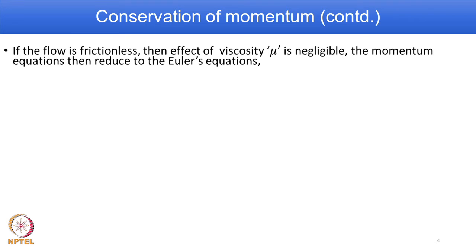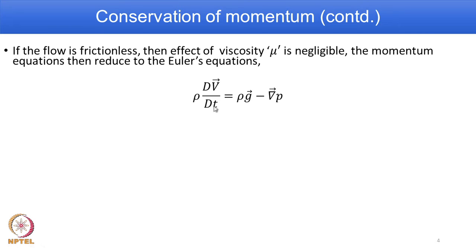For example, if you say the flow is frictionless, then the effect of the viscosity mu term is negligible. So, in the Navier-Stokes equation, the mu term appears as a viscous stress term on the right hand side. That term is removed and you get the resultant equation as the Euler equation.